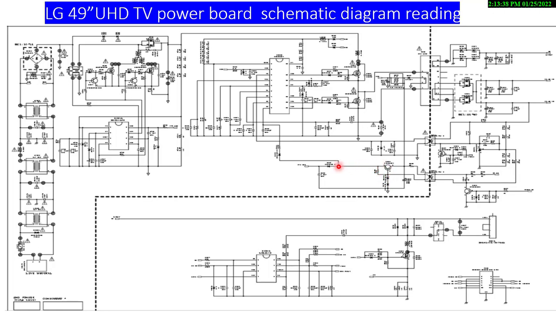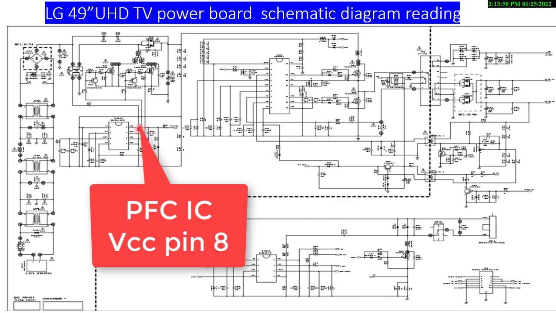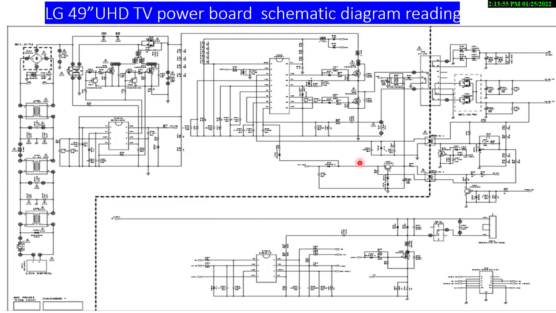So at this point we have constant voltages, and that voltage is transferred to the PFC IC pin number 8, this one, and also to these points, look, coming up to the multi-IC.